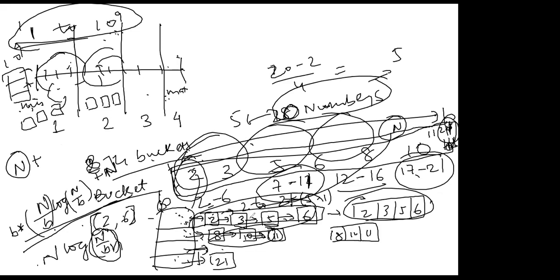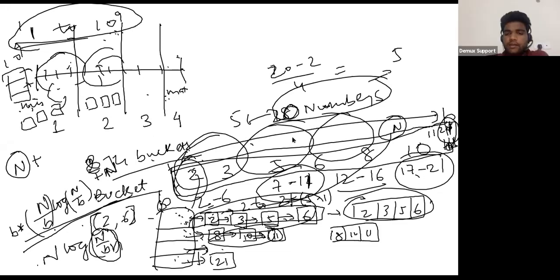Sir, how do we determine the bucket in order 1? Whatever number you have, let's say this number is I. You can determine the bucket by I minus min.